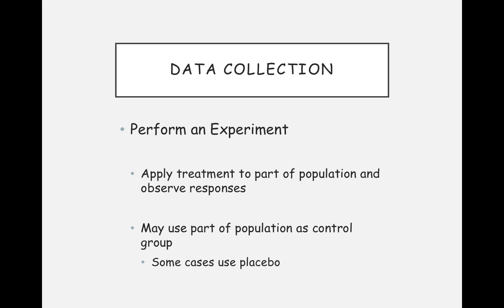Some cases would use a placebo. If you're not familiar with the term placebo, this is really just like a sugar pill, or what they call a dummy treatment. So an individual is receiving something, but it's just not the active ingredient that's being studied.